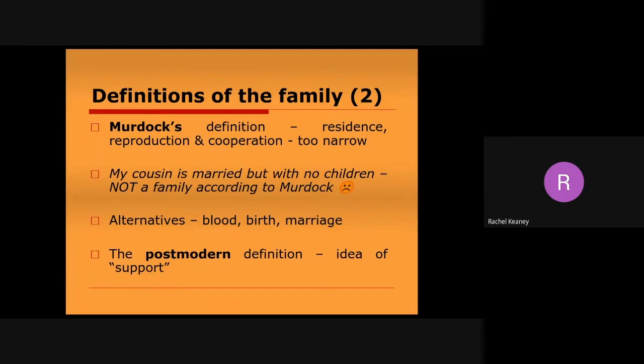There's also postmodernists. Now, postmodernists are a group of sociologists and philosophers who believe that society is rapidly changing. So what we have now is very different to what we had a few years ago.